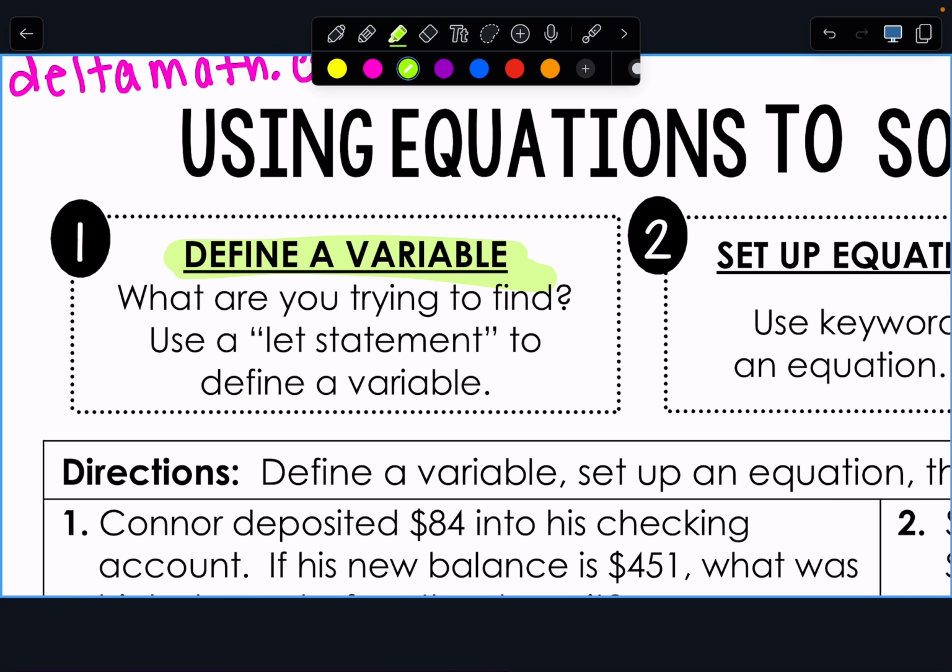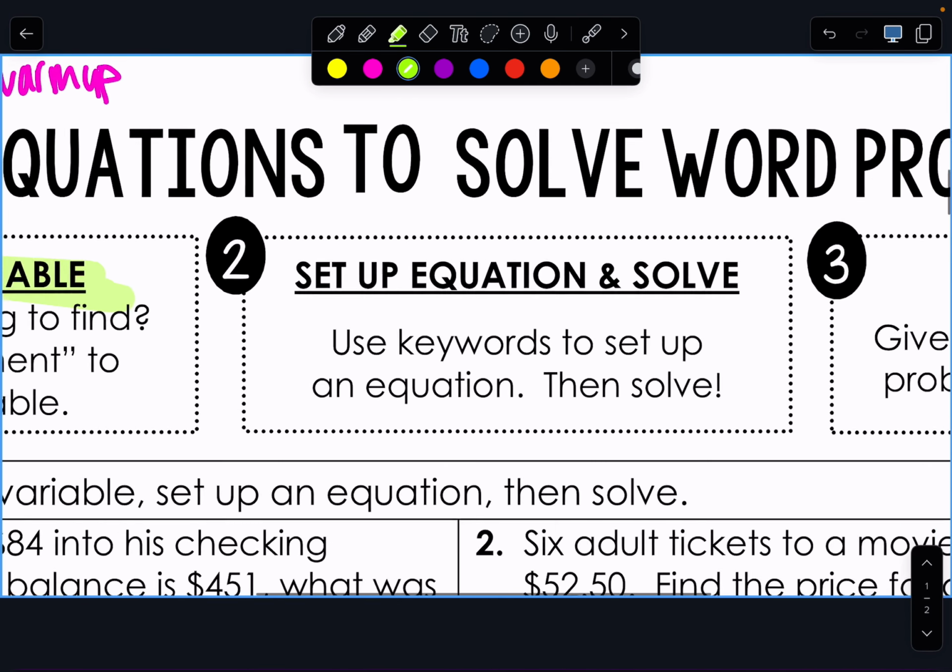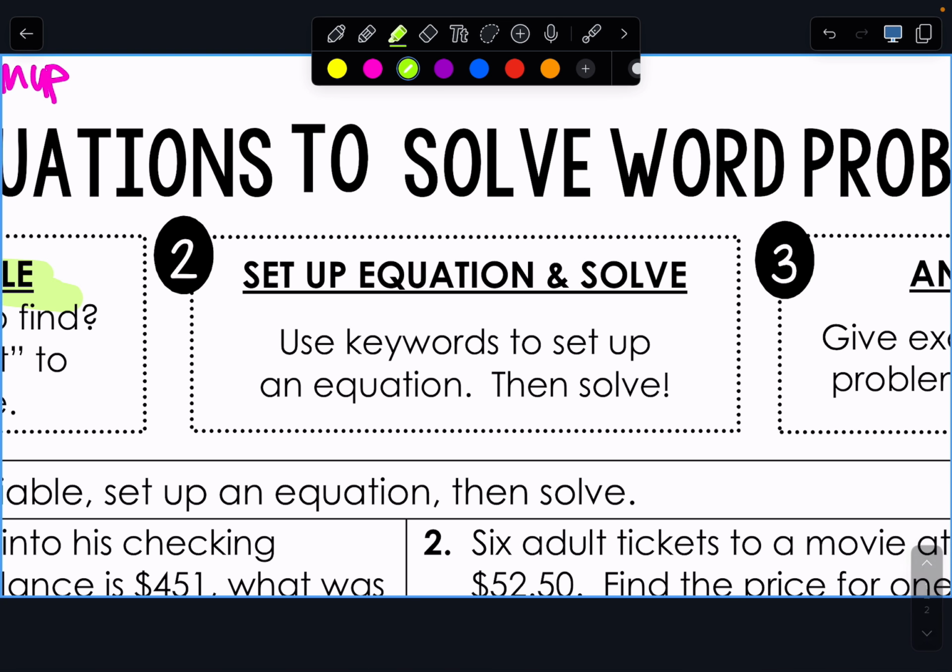What is it that we're looking for? Are we looking for the number of M&Ms? Are we looking for how many hours they worked? Whatever it is. Then you're going to actually set up and solve your equation, just like you did on your green graded worksheets.